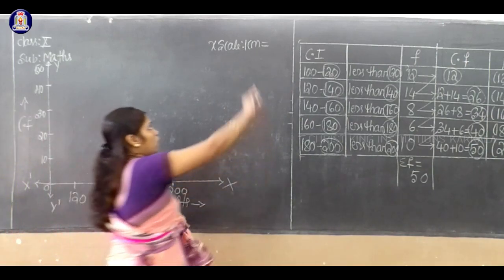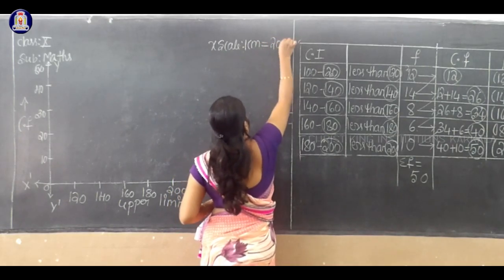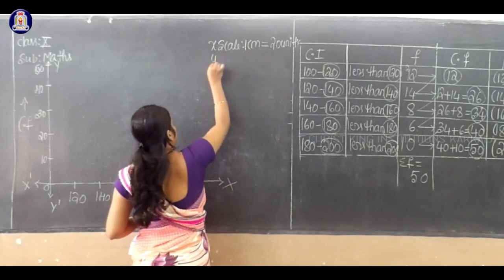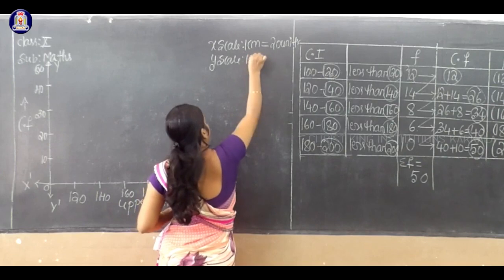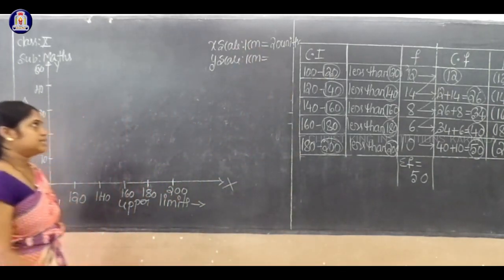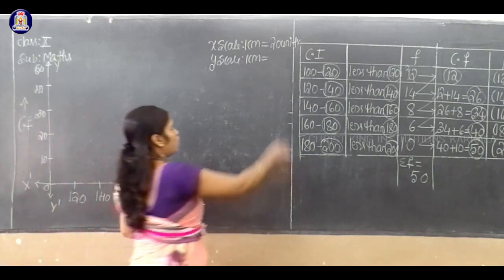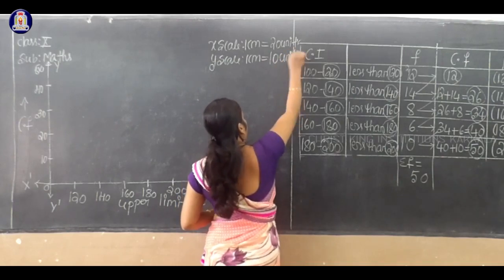So 1 centimeter equal to 20 units. Next, y scale, 1 centimeter along the y-axis. 20 minus 10, 10. 30 minus 20, 10. 40 minus 30, 10. Isn't it? So 1 centimeter equal to 10 units.